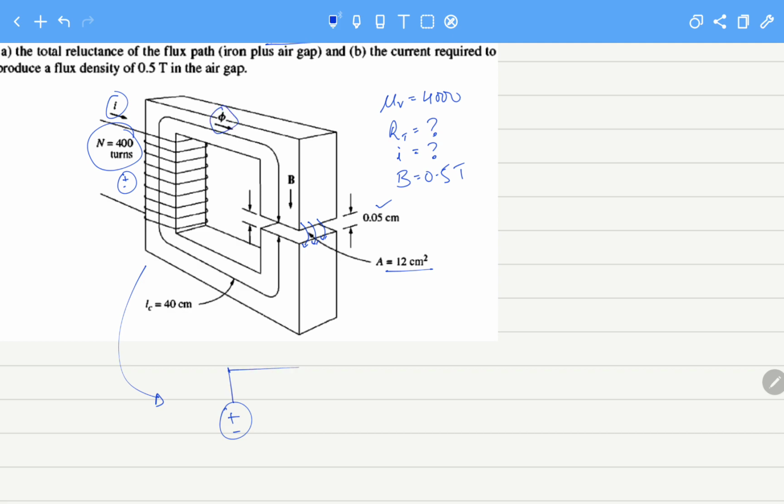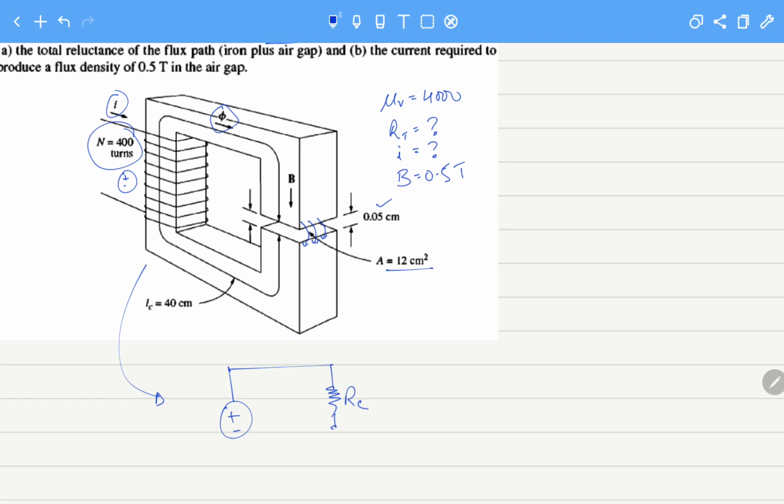Number one is the reluctance of the core, and the second one is the reluctance of the air gap. And here a flux will be flowing.